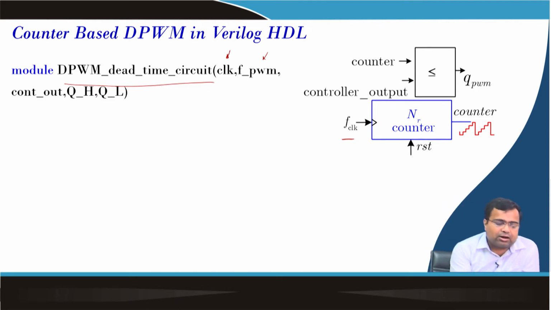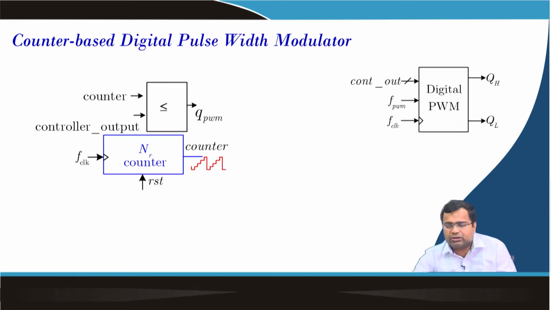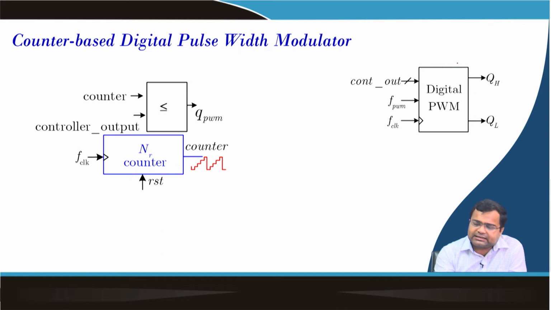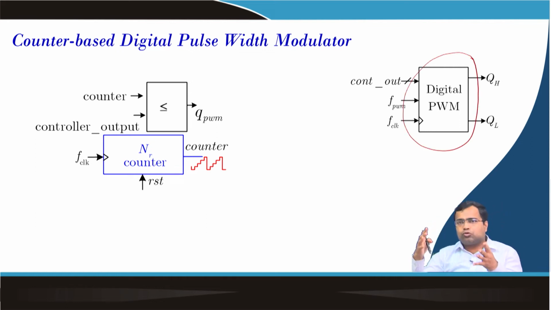Next, the counter output, the control output. If you go back to the main block, this block is a sub module of the main voltage mode control module that will be discussed in the next week lectures, where this sub module only takes controller output and generates the high low gate signal.